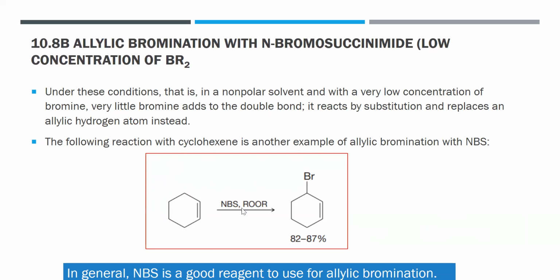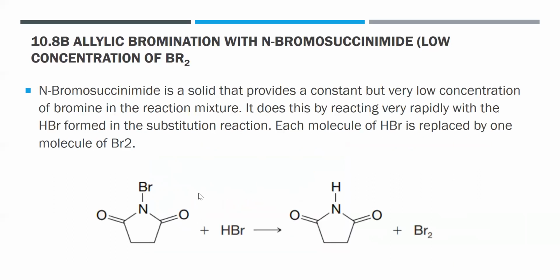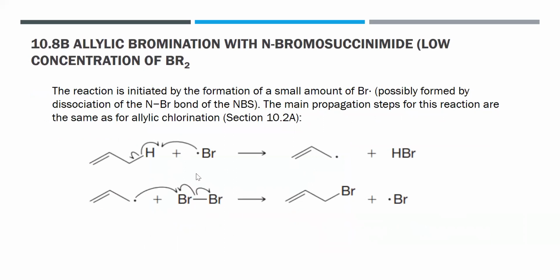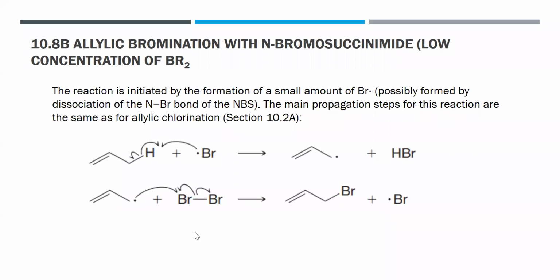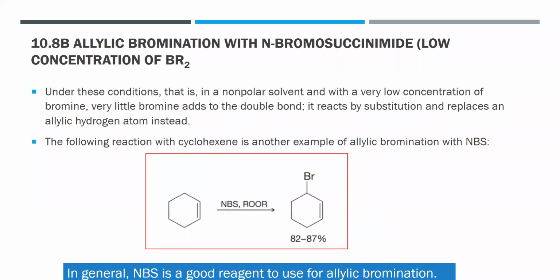So the mechanism for this is the same as what we discussed earlier. We can start here. You can have your Br dot. Again, your Br dot will be from a very small amount of your Br2. So you have a substitution reaction. In general, NBS, or N-bromosuccinimide, is a good reagent to use for allylic bromination.